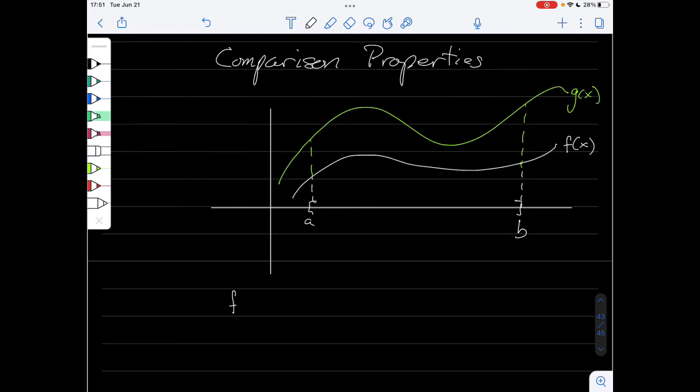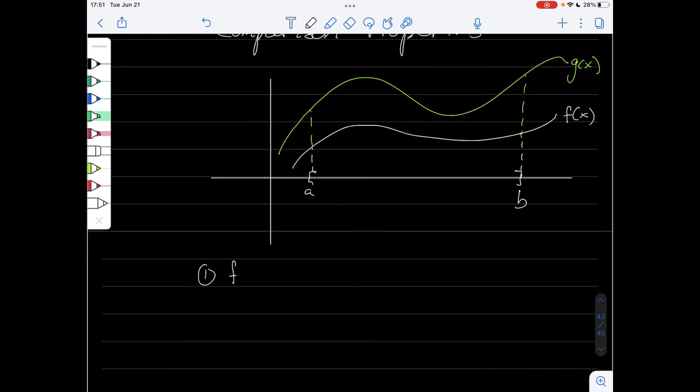Okay, so the first thing we can notice is if f of x is greater than or equal to 0 on this interval from a to b, then the integral from a to b of f of x should also be greater than or equal to 0.